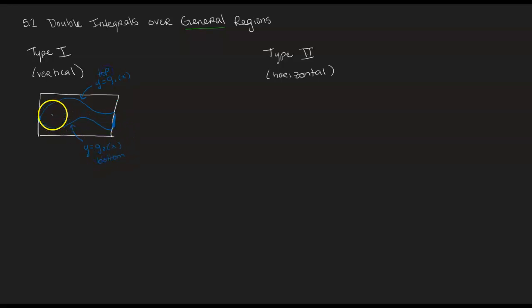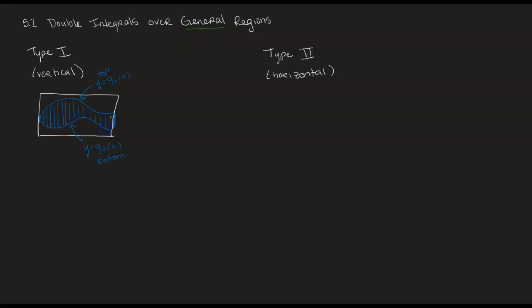So we have a top function and a bottom function. In order to think about the area in this region, I'm going to have you visualize it as a bunch of vertical lines that are connecting the top and bottom functions. We're going to start drawing these vertical lines from the very left edge of our region until we make our way all the way across.